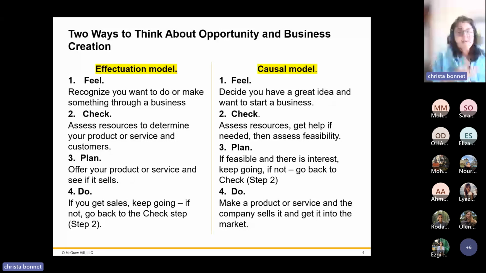So they identify, do they have a gap in their resources? Then they assess the feasibility. So that one is quite different between the two.